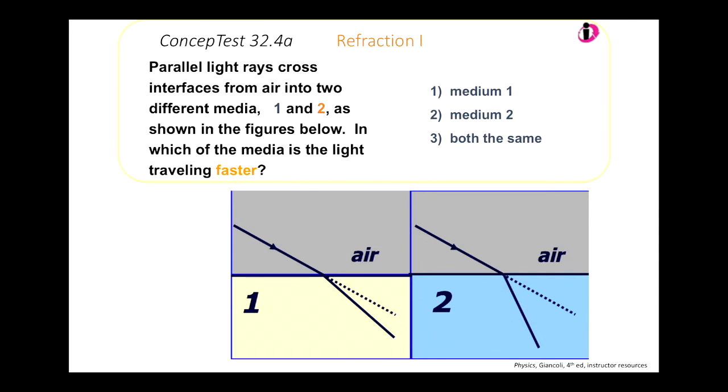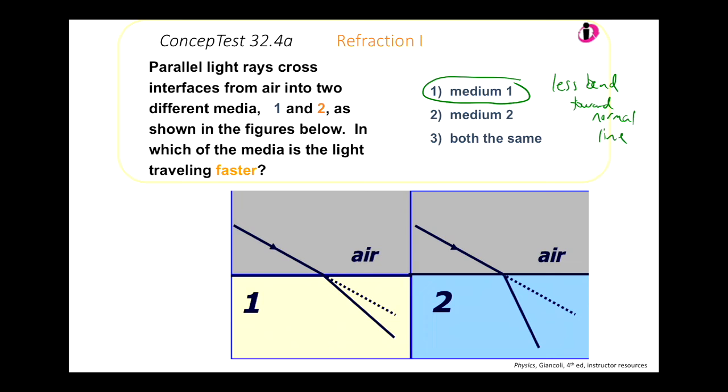All right, so which one is the light traveling faster? Should be the one where it doesn't bend as much, right? If it bends more toward the normal, that means we have a greater reduction in speed. So medium 1 should be the one where it's actually moving faster. So we'll say less bend toward normal.